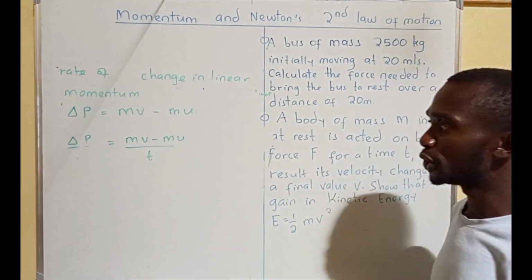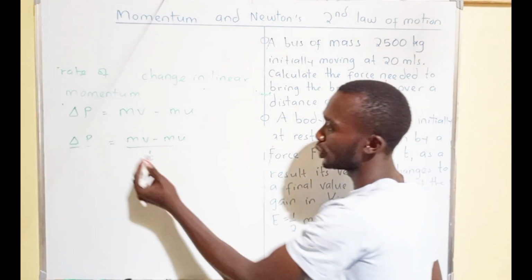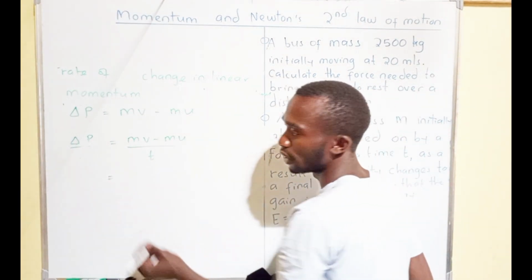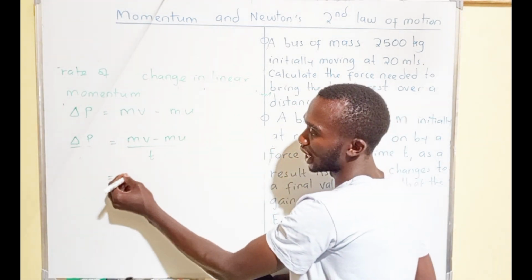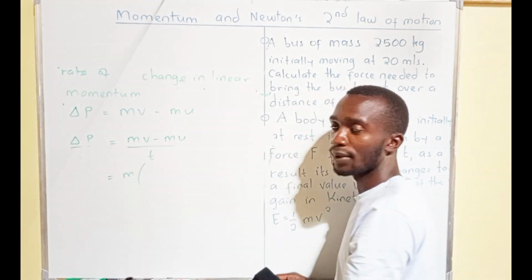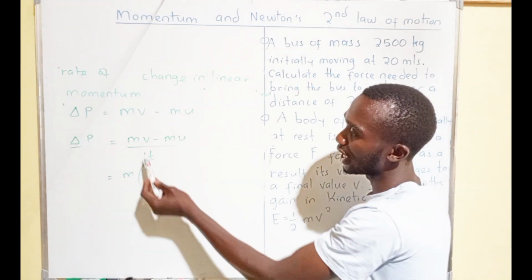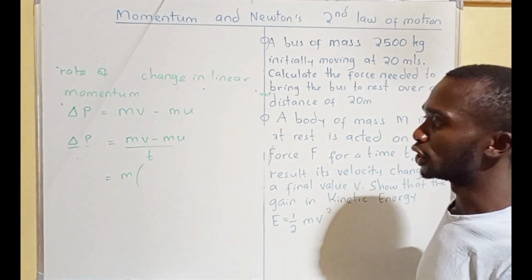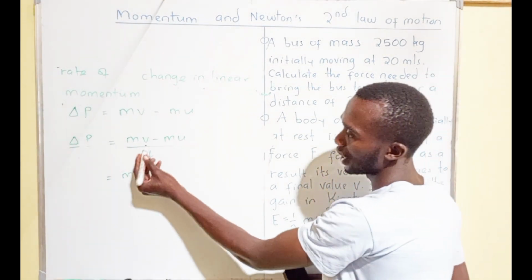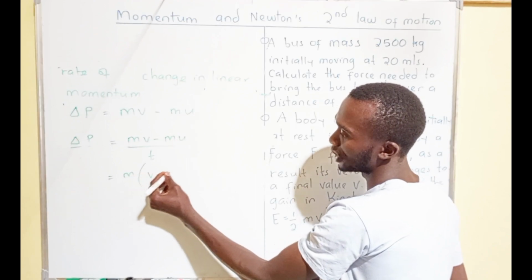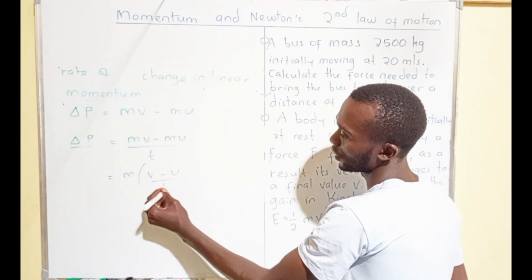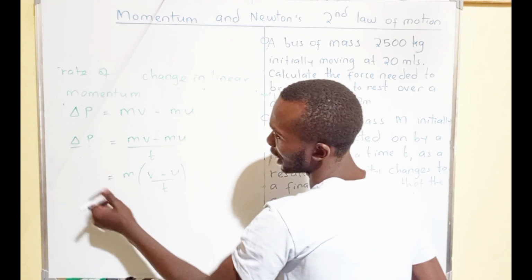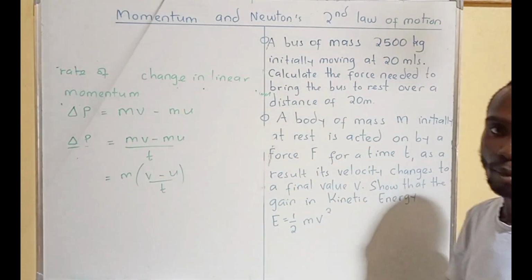Taking m outside the bracket as a common factor in mv and mu, that gives us m(v minus u)/t. This is the same as the rate of change in linear momentum.